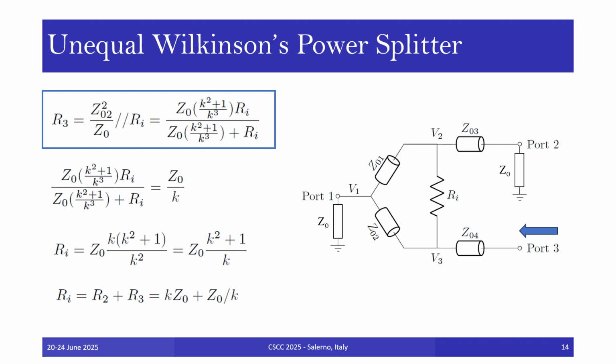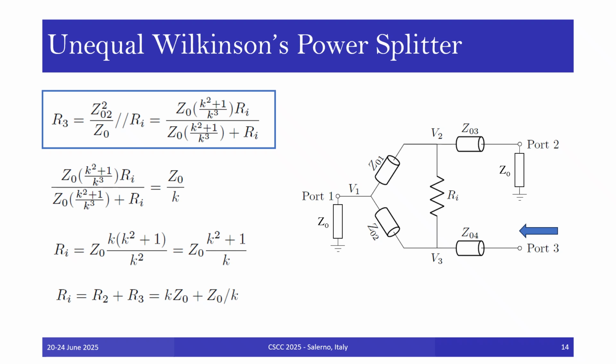In this case, node 2 would be at virtual ground due to the high isolation provided by resistor Ri, and so V2 would be equal to 0. Thus, the transmission line sections 1 and 3 would be out of circuit since no power would be flowing through them.